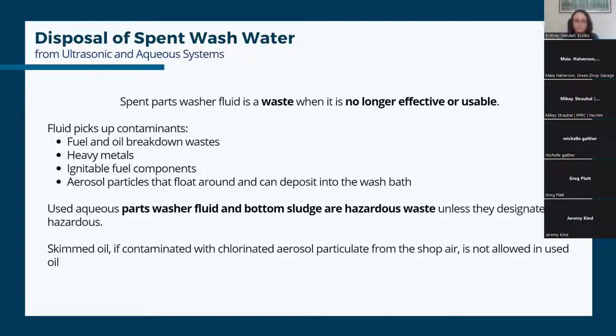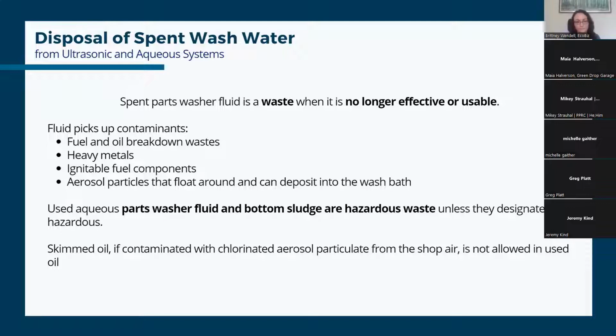The fluid does pick up contaminants over time, as these four are listed here. So it's probably necessary to work with your state or local agency to make sure it designates as non-hazardous if you're going to send it down the sanitary. Otherwise, it is considered a hazardous waste.